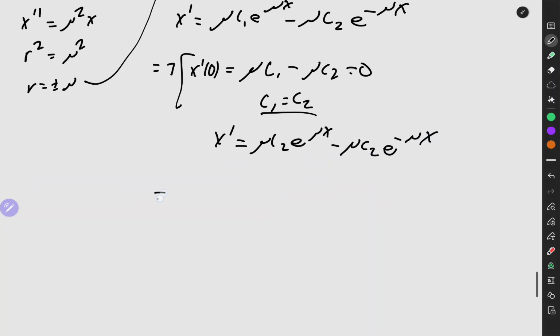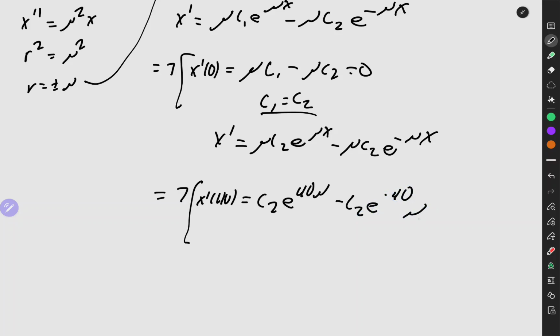And then we have x prime of 40. All right, just plug in 40 for x equals 0.